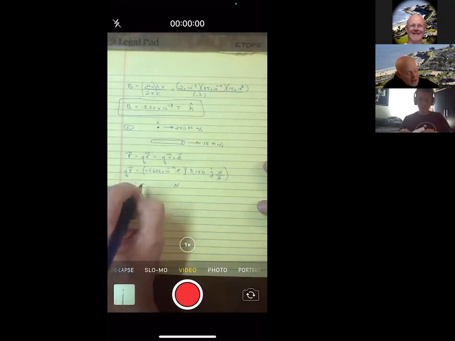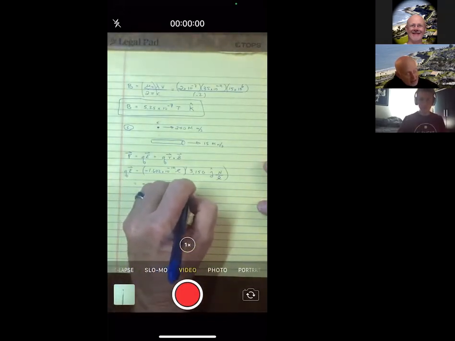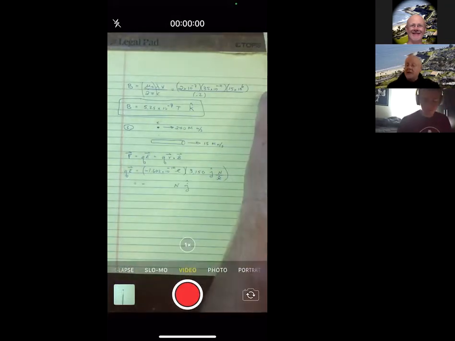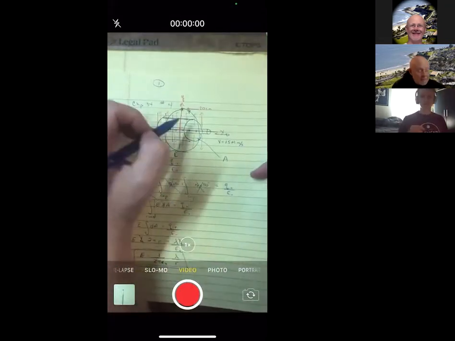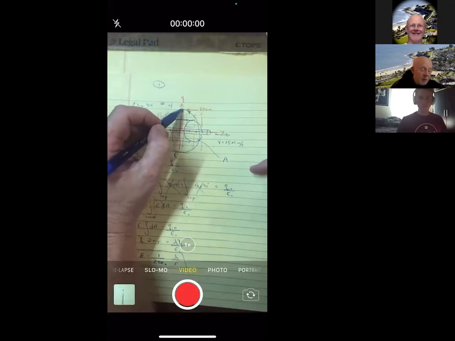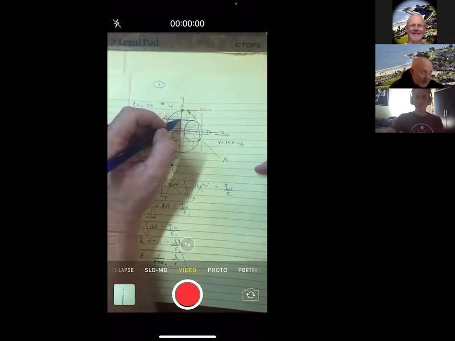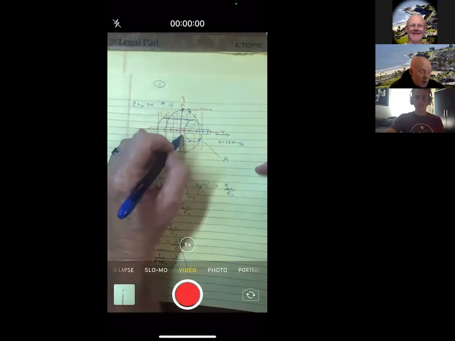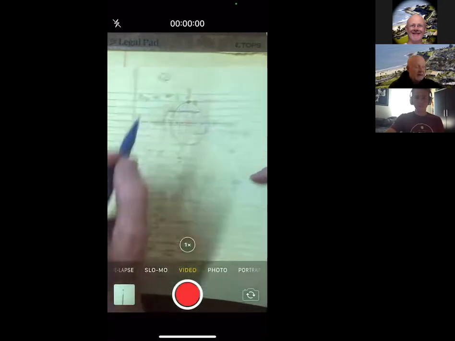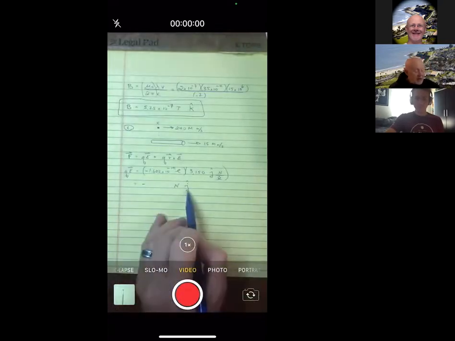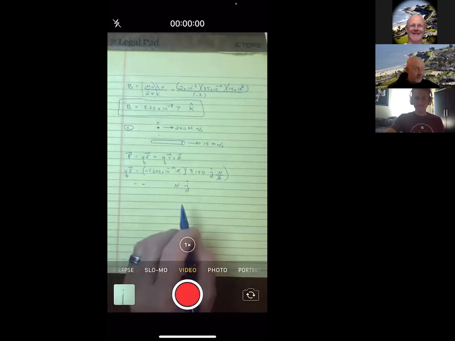And notice it's a negative j-hat direction, and that makes sense. Coming back to our page 1, we said the electric field was pointing radially outward, so that would be up here, and an electron gets pushed opposite of a field, so it would be attracted towards the positive, and that would be the negative j-hat direction.